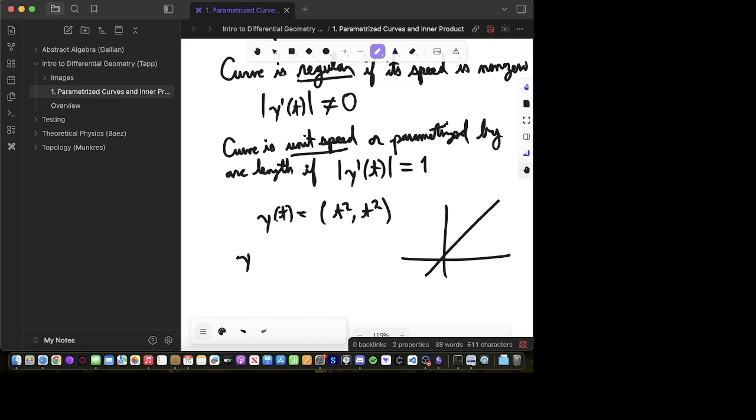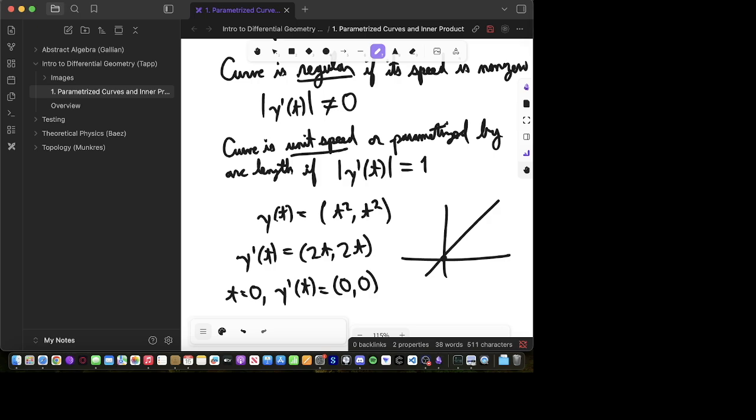But if you differentiate it, you get this. This is simply by taking the derivative of t squared, which is 2t. And note that at t equals 0, the derivative is 0, 0. So over here, the tangent vector is 0.